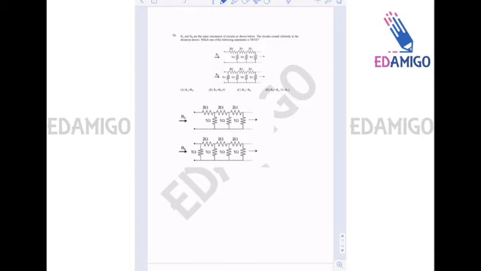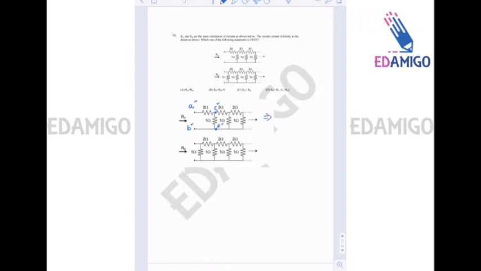So what I'm trying to say is that if this is node A, this is B, this is C, and this is D, since it's an infinite series of resistances, the equivalent between C and D is equal to the equivalent between A and B.